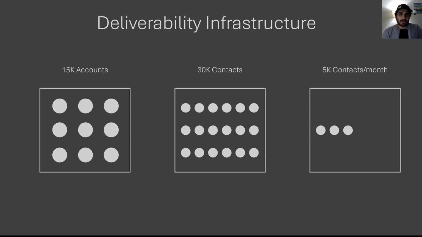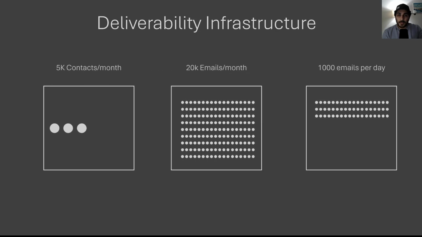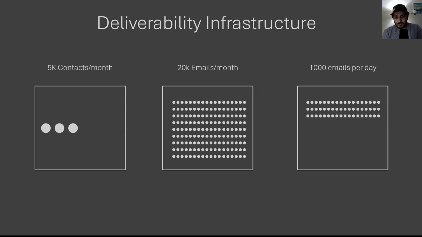And if we're spreading that out over 6 months because of our burn rate, then we need to be able to reach out to 5,000 people a month. Cool. Now let's say we want to be able to send 4 emails per contact on average. All right, now we know we need to send 20,000 emails a month.